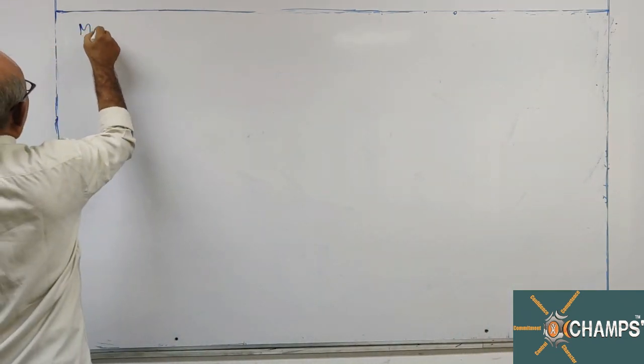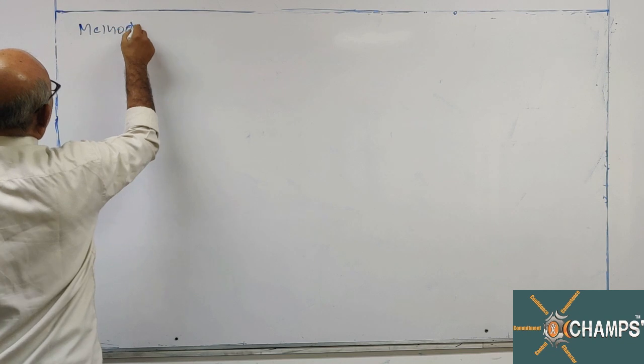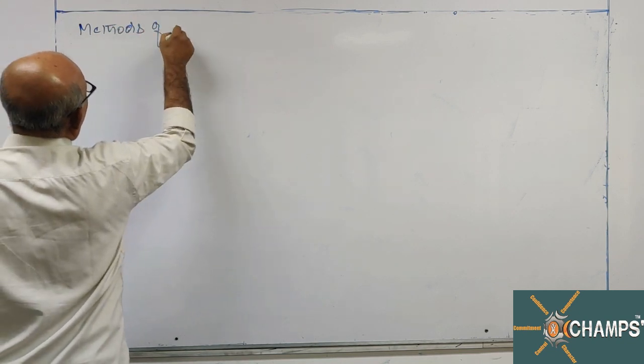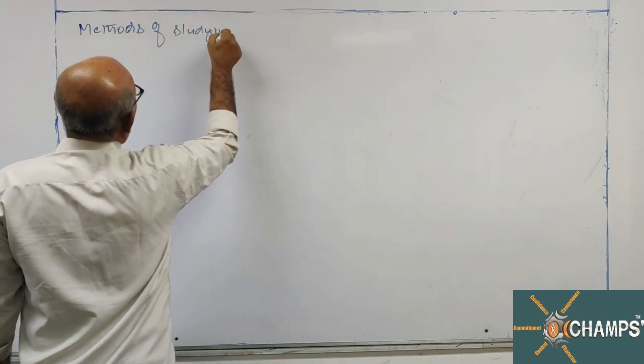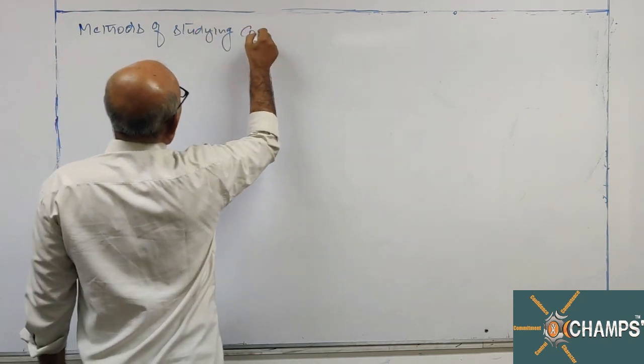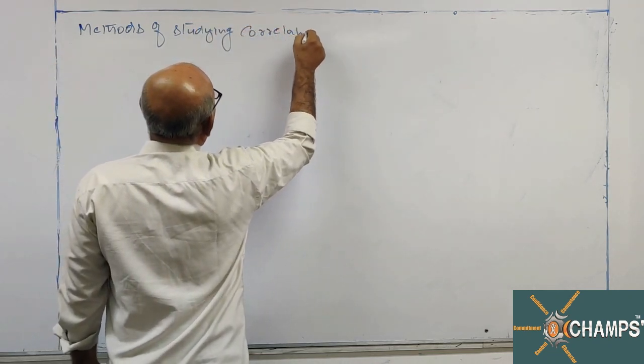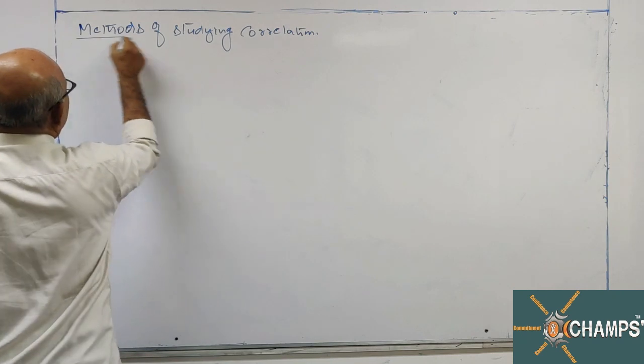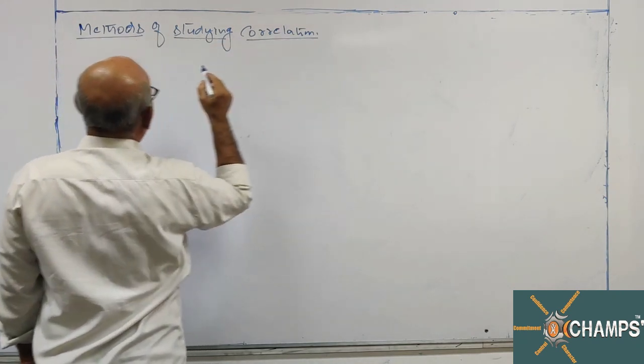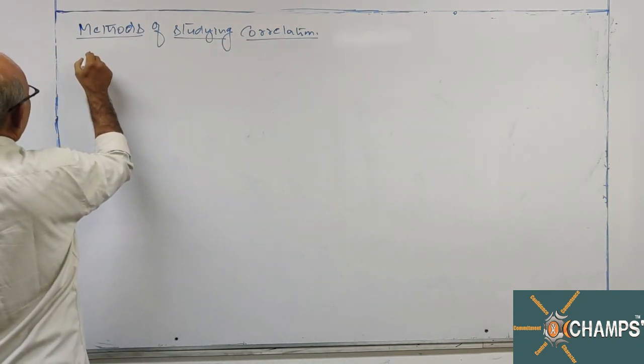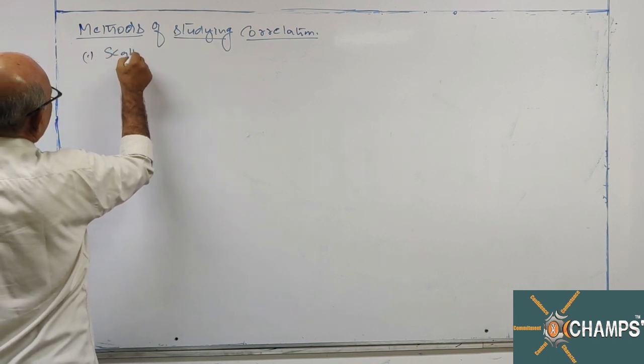Methods of studying correlation. First one is scatter diagram.